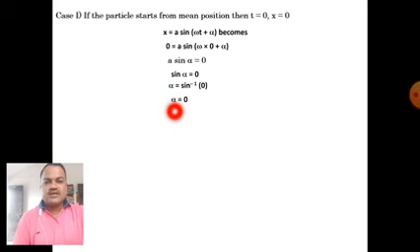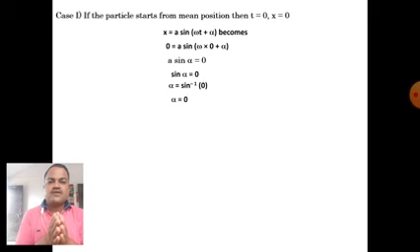Here alpha is called the initial phase of SHM, or it is called the epoch. It is also called the starting phase, or the initial phase of linear SHM. Initial phase describes the path of the linear SHM. If alpha is equal to 0, the particle starts from mean position.